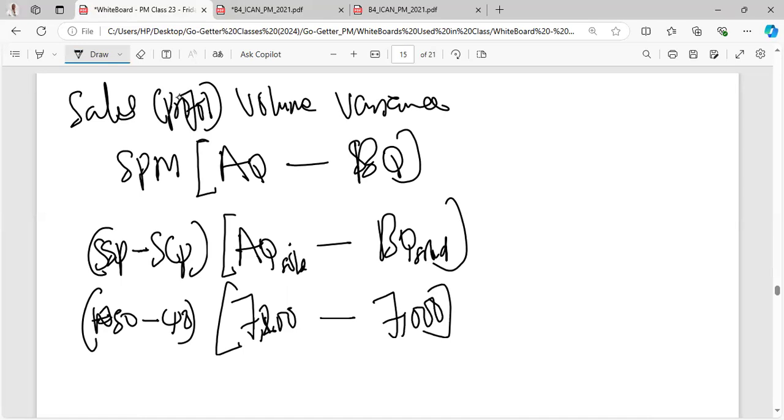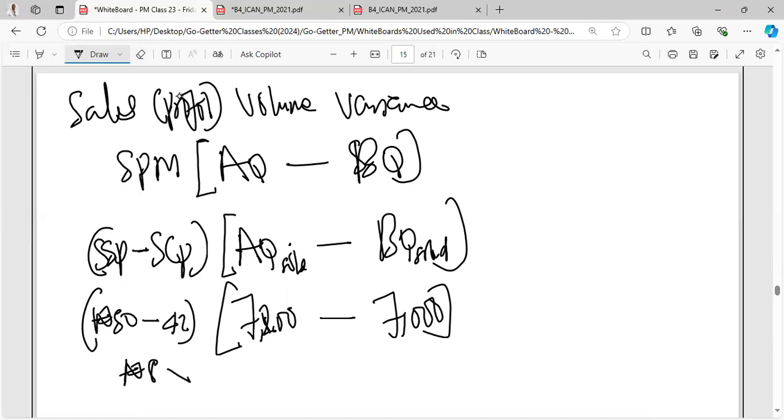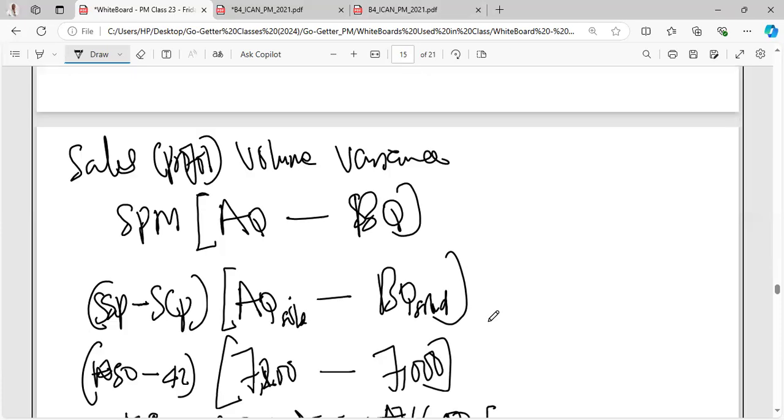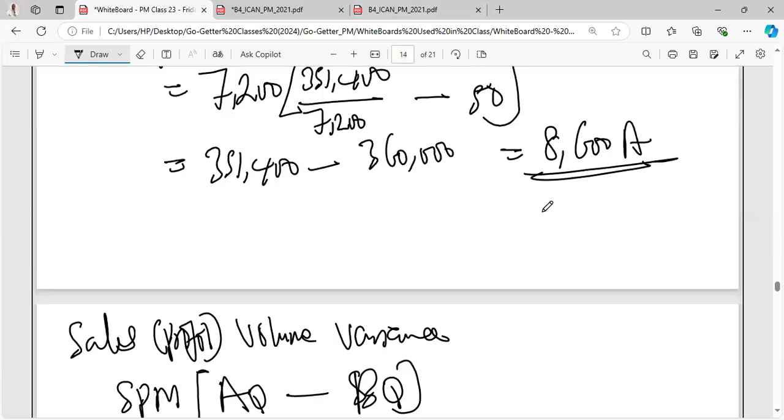So 50 minus 42 is going to be 8. So this is like 8 multiplied by 200 units. So 8 times 2 is 16, 1,600. This 1,600 is favorable. This is adverse and this is favorable.